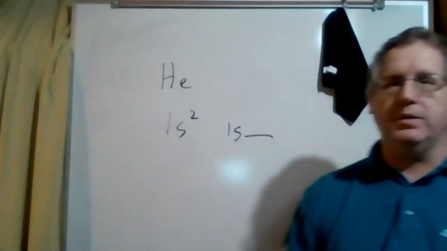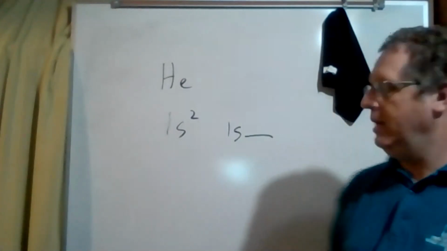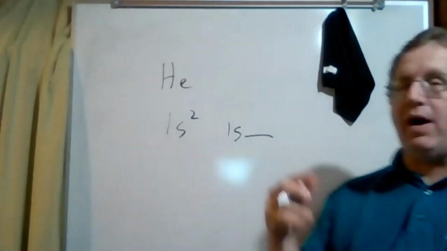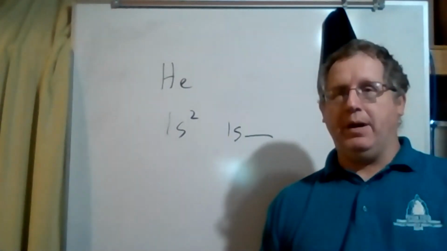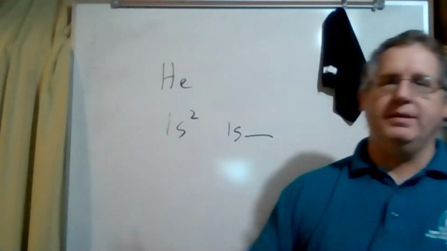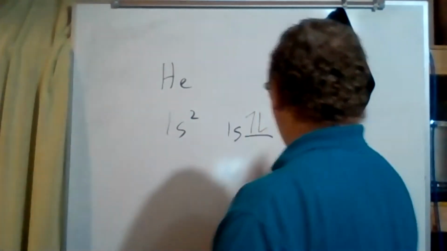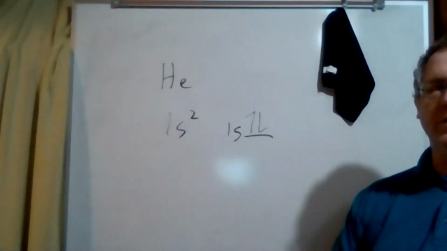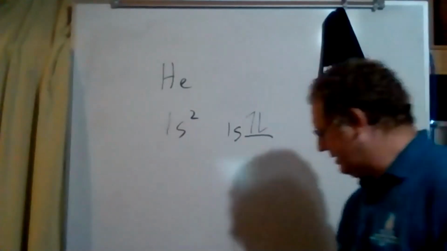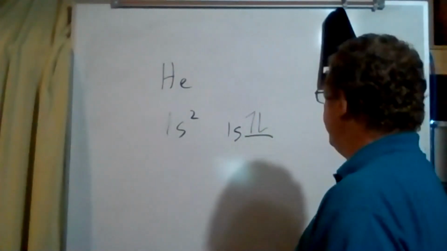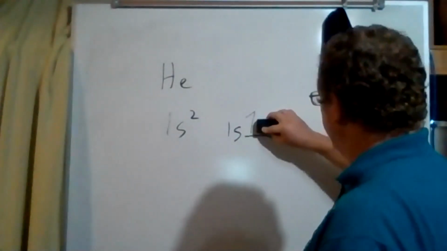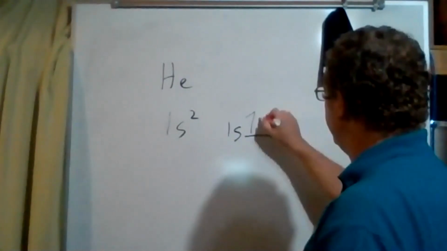Now I'm going to represent those electrons with arrows. And because they have opposite spins, an up arrow is going to be a positive 1/2 spin, a down arrow a negative 1/2. So the 2 electrons in helium are listed as such. Okay. Now what's nice about this, and I'm even going to make one of these a different color. We talked about the quantum numbers before, okay?